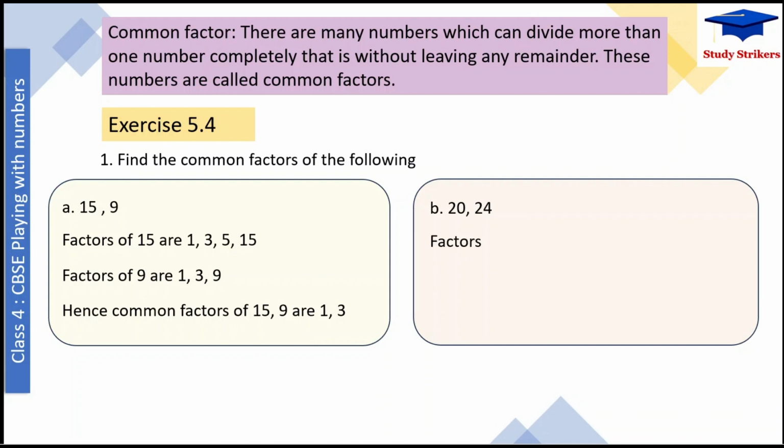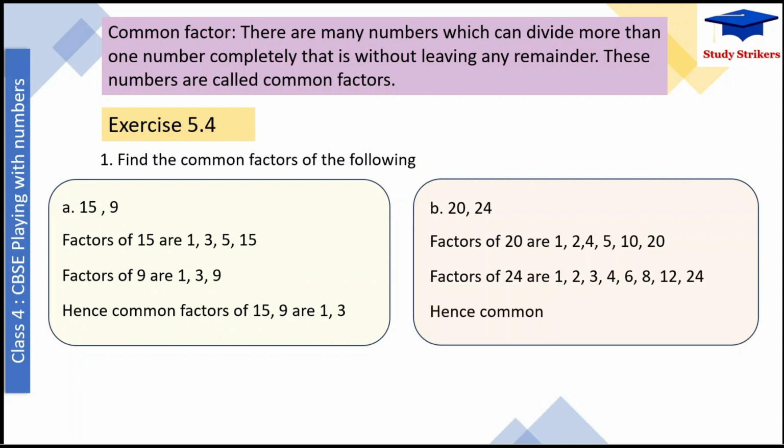So the factors of 20 are 1, 2, 4, 5, 10 and 20. Factors of 24 are 1, 2, 3, 4, 6, 8, 12 and 24. So their common factors are 1, 2, 4.